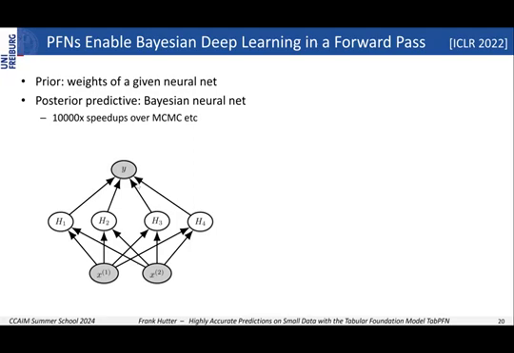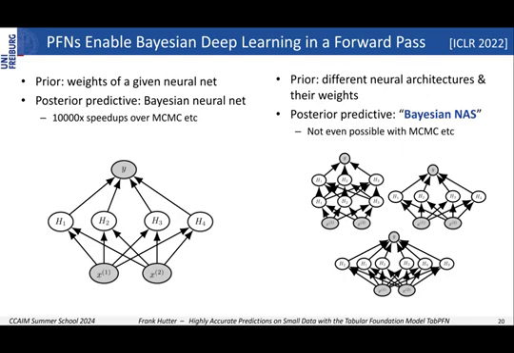And so there, as I just showed, you could be 10,000 times faster than MCMC, but you could also do other things like having a prior over not just the weights of a neural network, but also over what is the architecture of the right neural network for your data, and then the posterior predictive distribution would be a Bayesian neural architecture search, which wouldn't really be possible with MCMC. You could do reversible jump MCMC, but it would be horribly complex and would almost certainly not work very well.